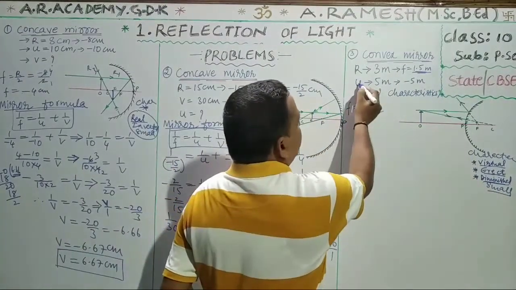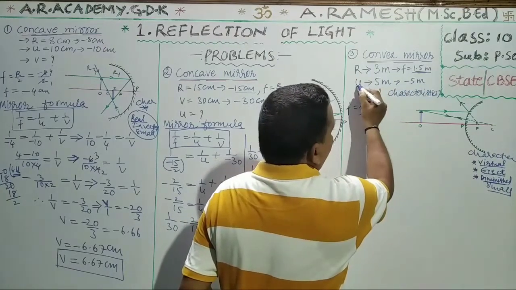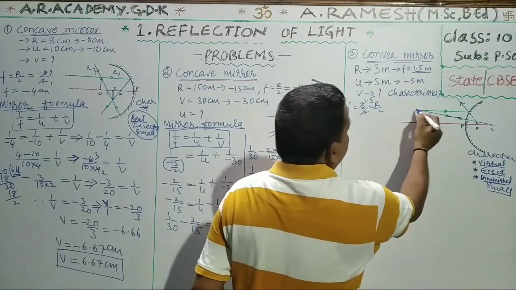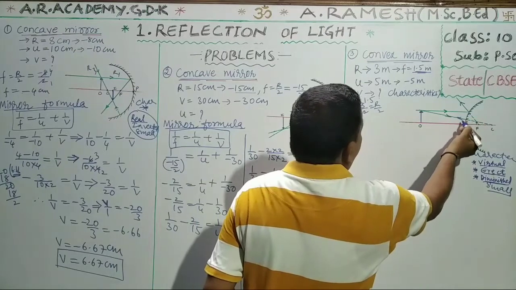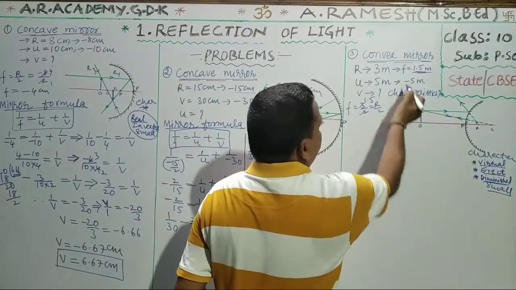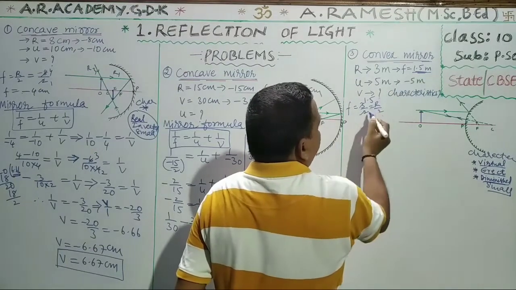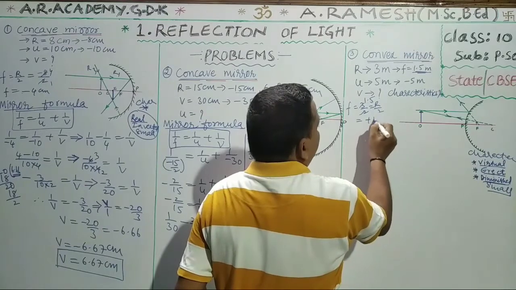F you know, U you know, you have to change it to minus 5. Why? Because the object is kept here, and light rays are going in this direction. So from the pole we have to measure the object distance oppositely, so we have taken minus 5 meters. Why have I taken only a plus value for F, plus 1.5 meters?